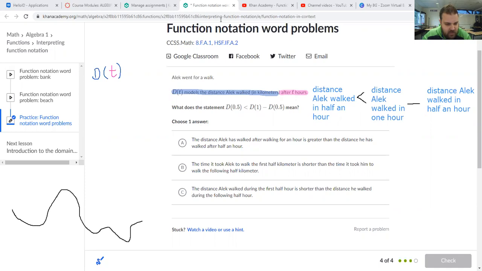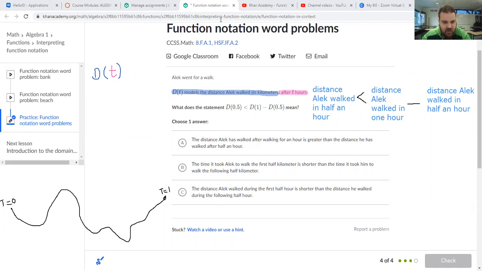This is where he starts, so when he's here, you have t equals 0, the beginning of time. Wherever we're at, let's say he's over here, this is t equals 1. So what we're saying is however far he walked in the first half hour is less than the entire thing minus the 0.5.